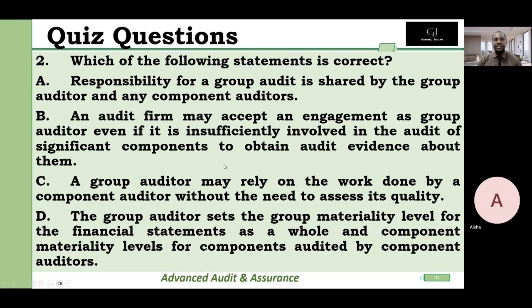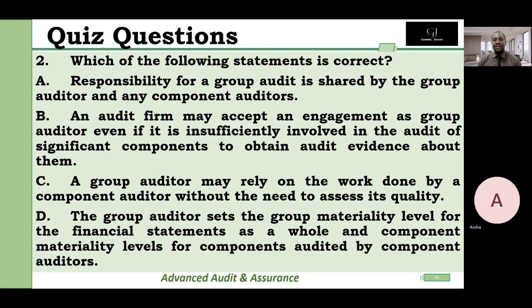Final answer. Yes. D. We'll see. Number 2, which of the following statements is correct? A, responsibility for a group audit is shared by the group auditor and any component auditors. B, any audit firm may accept an engagement as group auditor, even if it's insufficiently involved in the audit of significant components to obtain audit evidence about them.